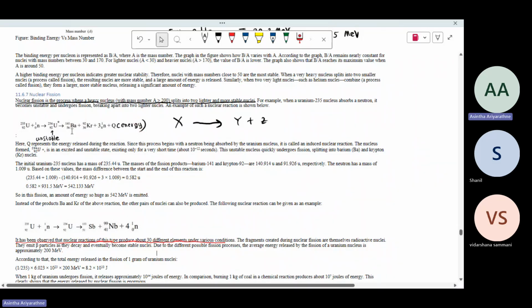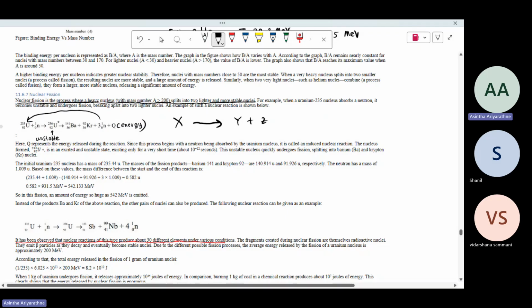So out of these three neutrons, one neutron might again hit another uranium atom.